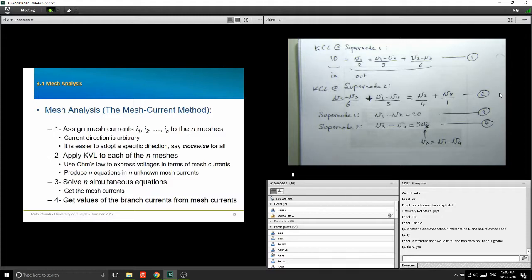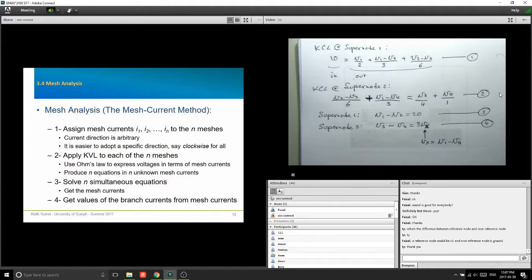You're going to assume that you have those mesh currents flowing around, and you assign them I1, I2, I3, I4, whatever. Now, the current direction is arbitrary. You can assign them clockwise or anti-clockwise, but it is easier to adopt a specific direction for all of us. Like, can we say, you know what? Let's all assume clockwise so we can compare our solutions, so we don't get confused.